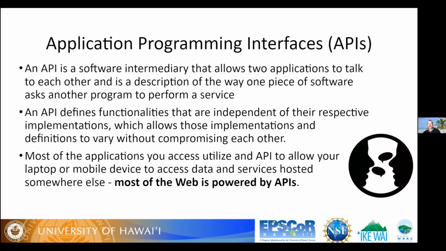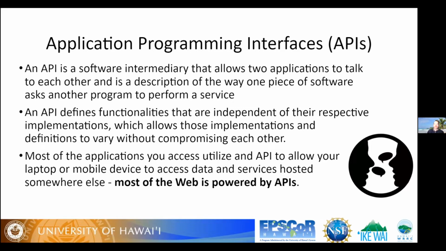So APIs are application programming interfaces. This basically is just the way that two software applications can talk to one another and exchange information, and make requests of each other to do certain things. Each API essentially defines what functionalities are available in the piece of software that are going to be exposed.